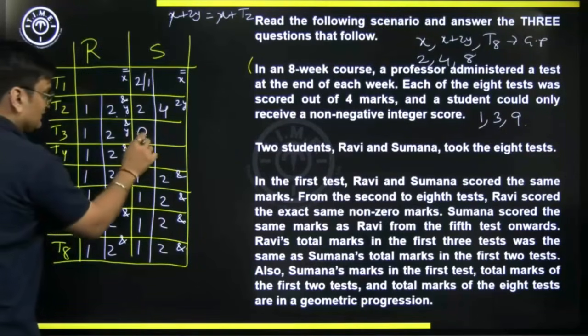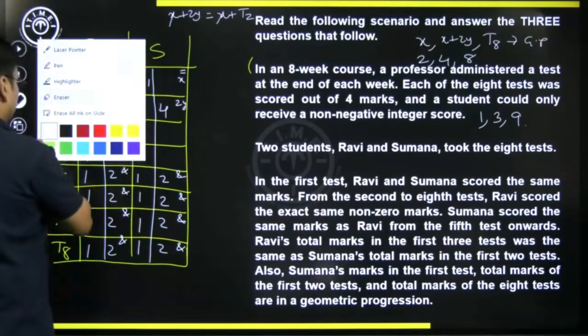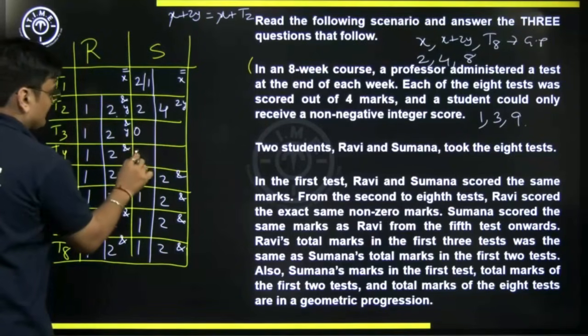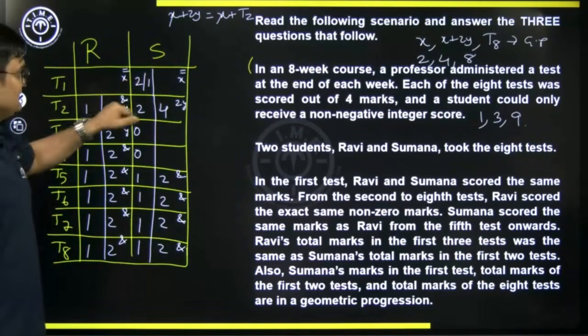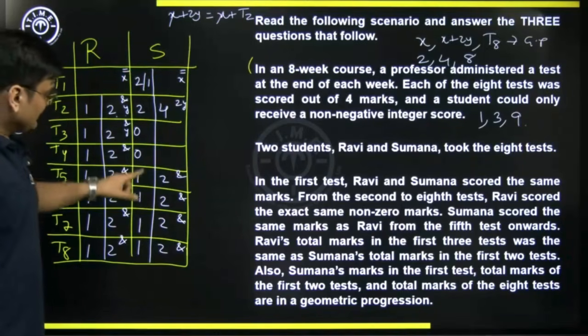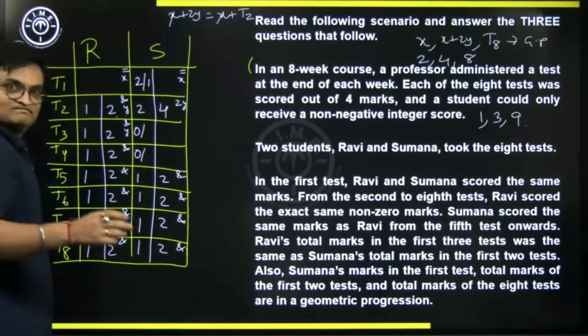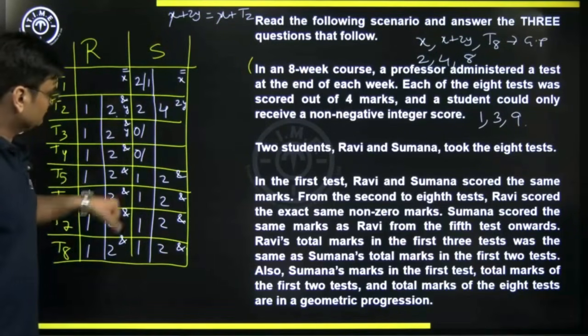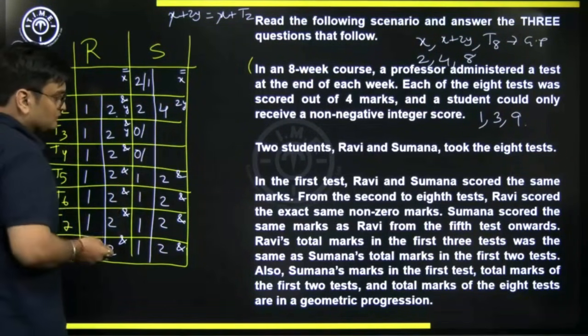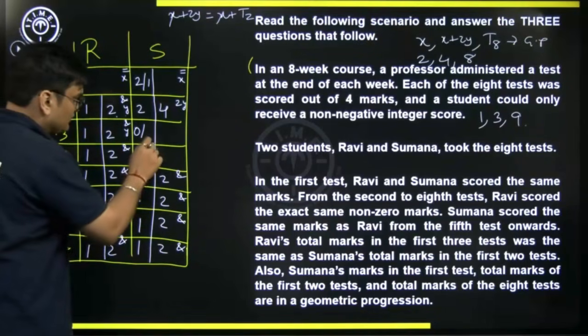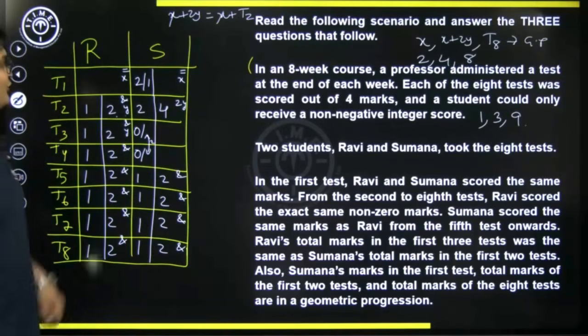Is that possible? Maybe. Let's check. This is 1, this is 2. So 1 and 2 is 3, and 4, 7. So the sum of these two should be 2. It could be 2 0, or 1 1, or 0 2. Anyway, the sum of these two should be 2. That seems to be possible. So x could be 1 also.